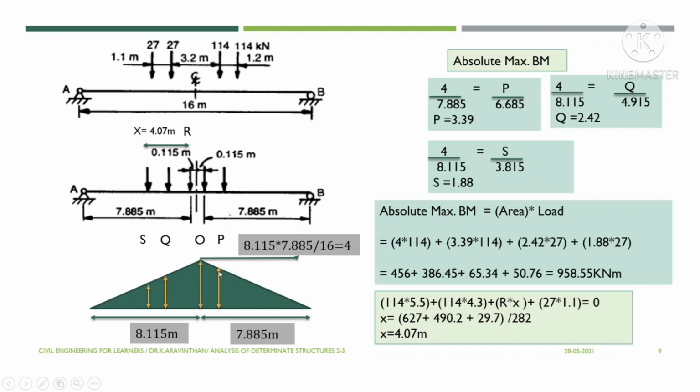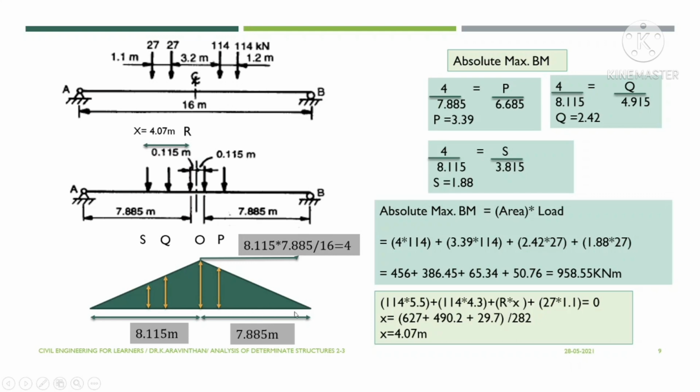And what about the ordinate P? How to find that? Use the ratio, vertical by horizontal. Let us take this right hand part of the triangle. For 7.885 meter of horizontal distance, you have a vertical distance of 4. So 4 by 7.885, and this ordinate is unknown, that is P, divided by the distance.